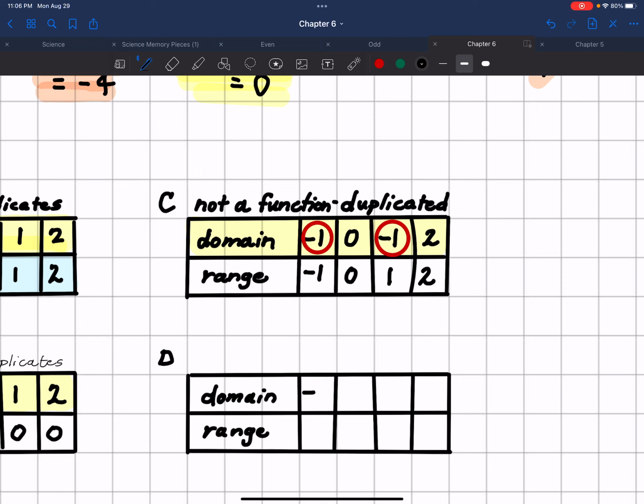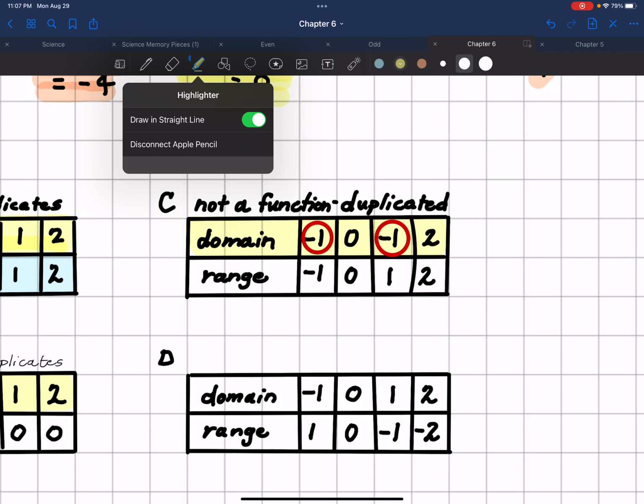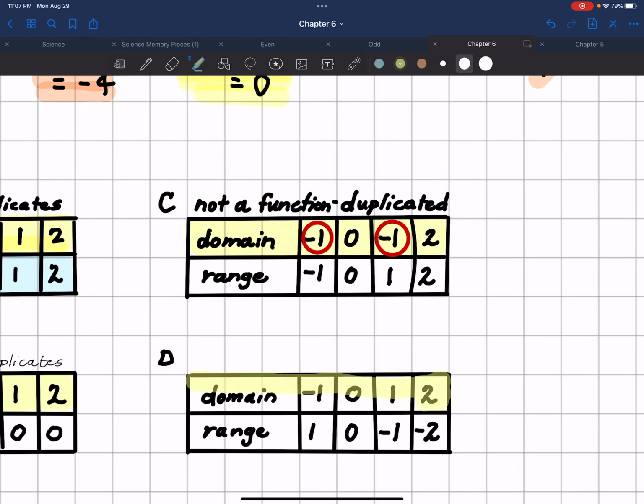And we have -1, 1, 0, 0, 1, -1, 2, -2. And to test for a function, you're going to look at the domain. You cannot have duplicates. There are no duplicates. So this is a function.